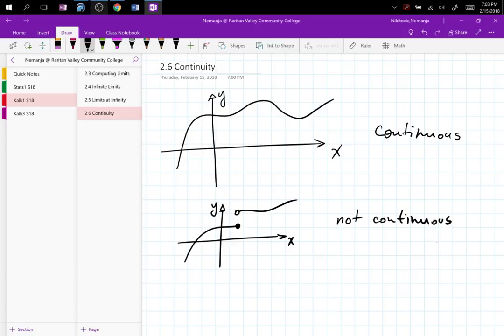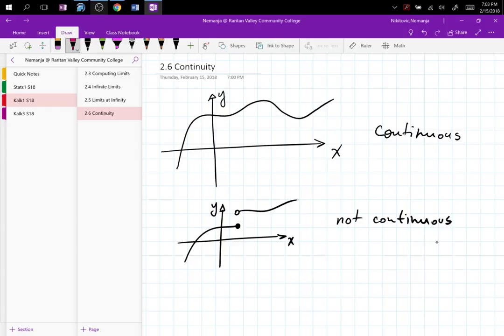So this is nice and cute and it works, but it's not everything to the story. If we want to study continuity, we have to first study continuity at the point, and then we look in the neighborhood of the point, extend it to the entire function, and then we have some rules and regulations moving on.